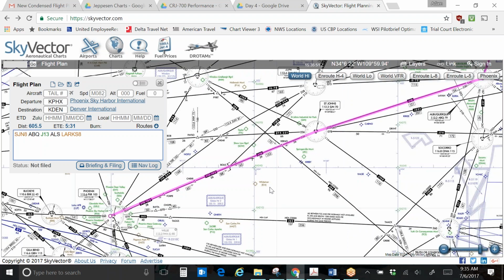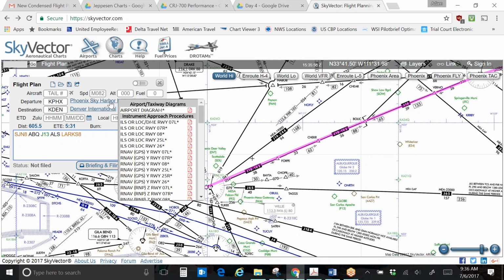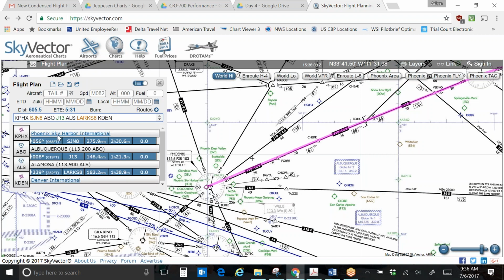Leaving Phoenix, it looks like we start out leaving on a 056.